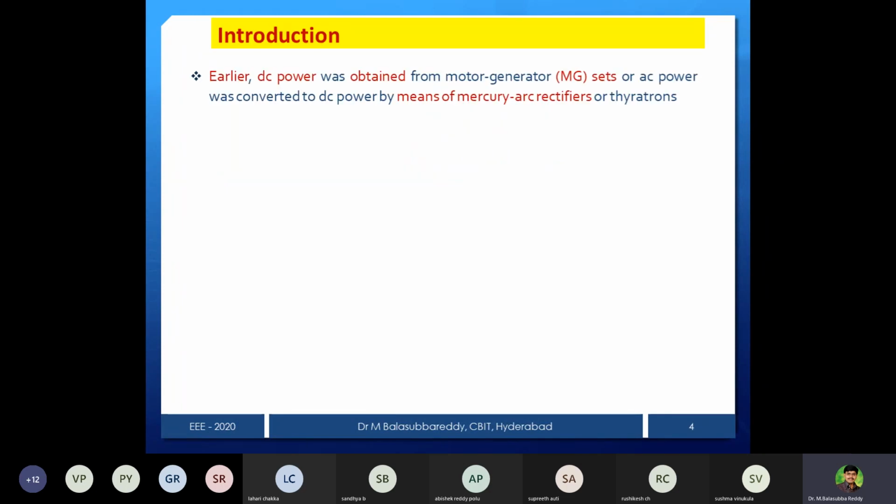We'll see that normally DC power is obtained from a motor generator set. In the introduction I also told you different methods are there to generate DC power. Suppose a motor generator set is there, the x-axis is the field current and the y-axis is the generated EMF, so this will be EG versus IF. Once the field current increases, automatically the generated EMF will increase.